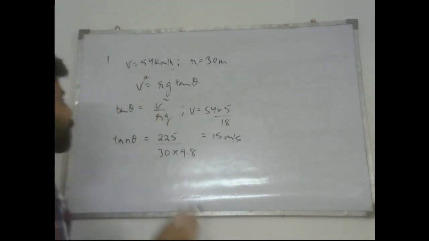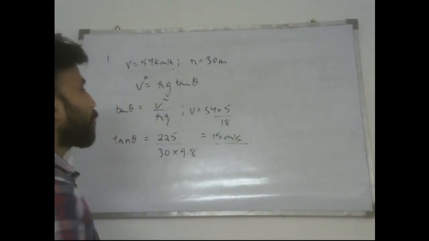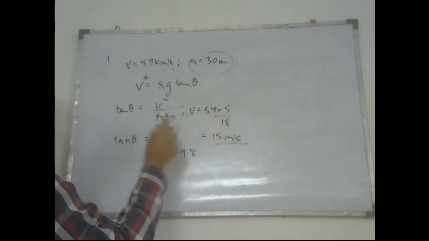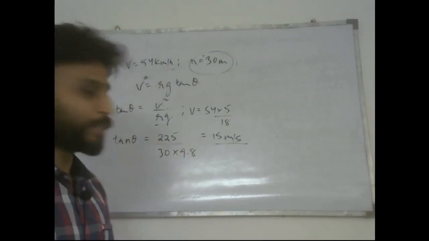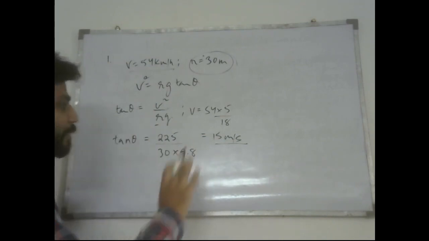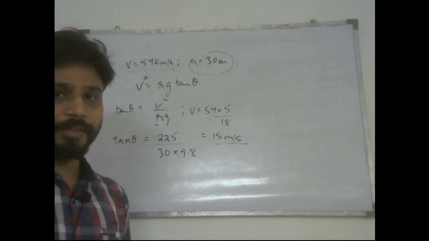So we have substituted the speed of the train, that is 15 meter per second, the radius of the circular track, that is 30, and the acceleration due to gravity, which is given as 9.8 meter per second square. So what would be the value of tan theta so that the train is able to go properly on the track?